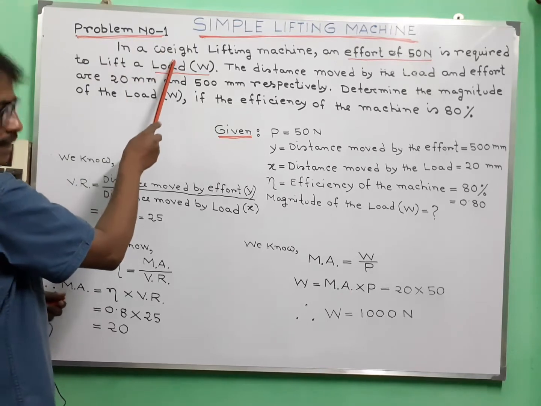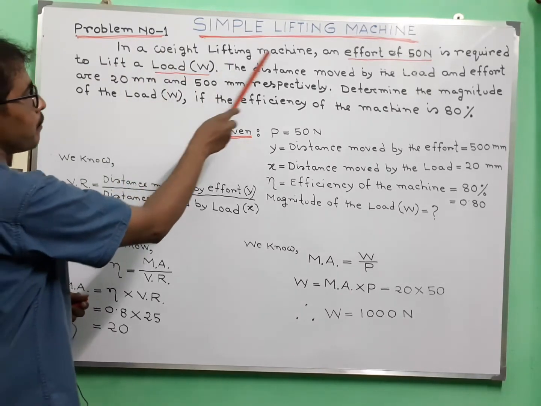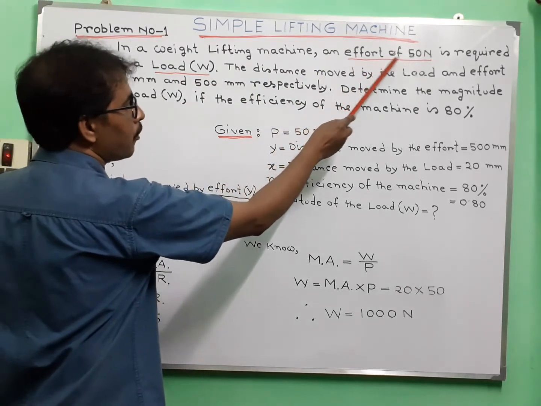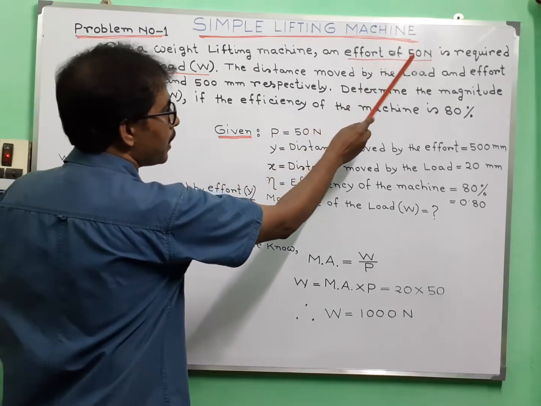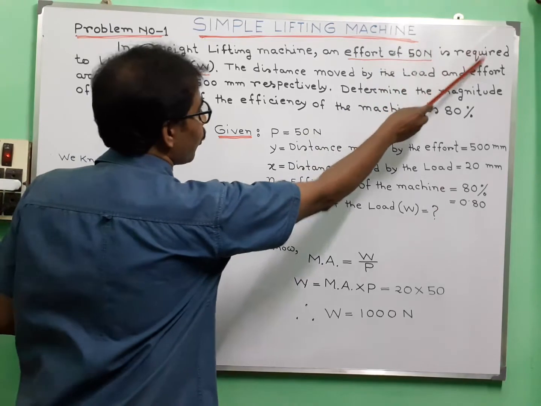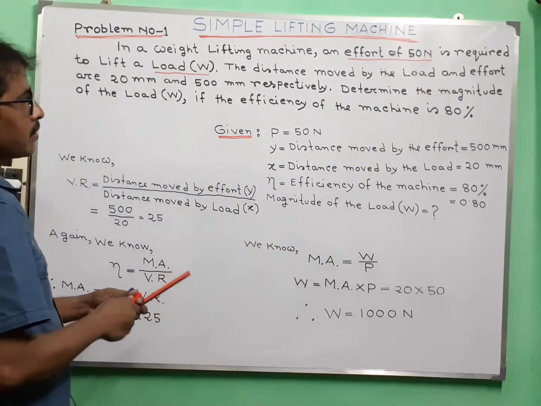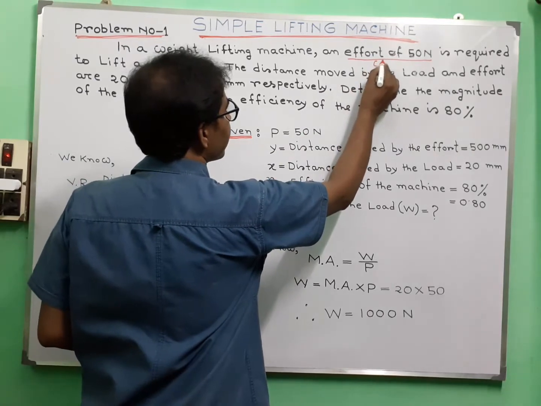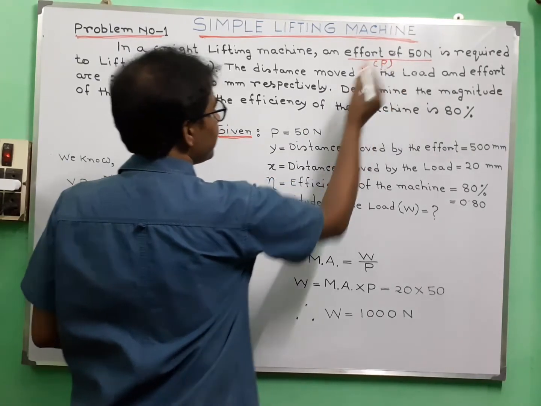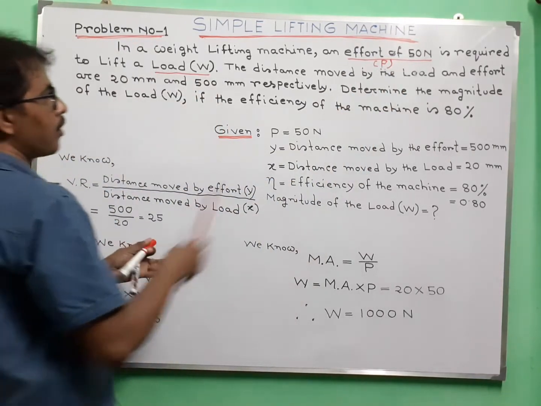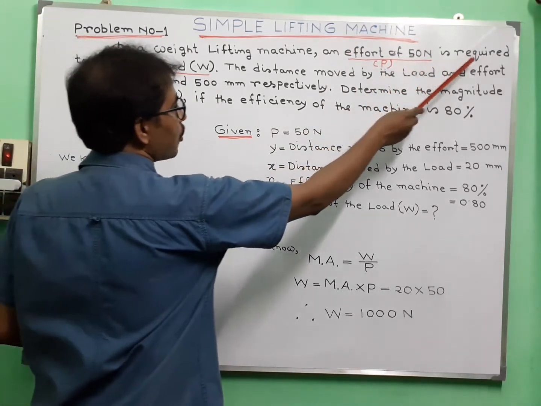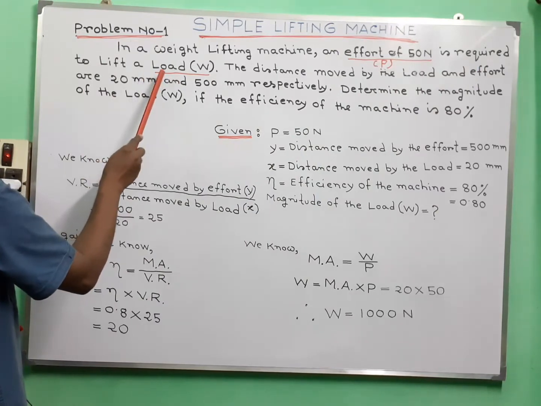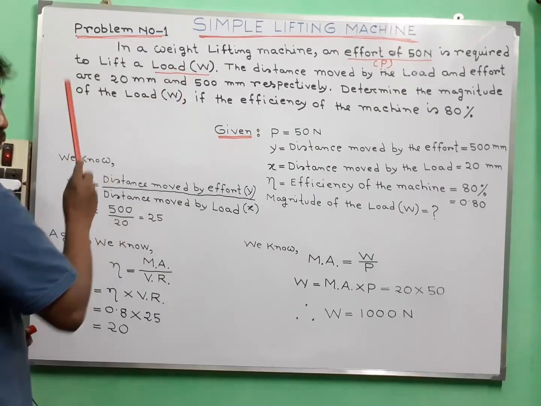In a weight lifting machine, an effort of 50 Newton is required. Effort means this is P. Effort of 50 Newton is required to lift a load W.